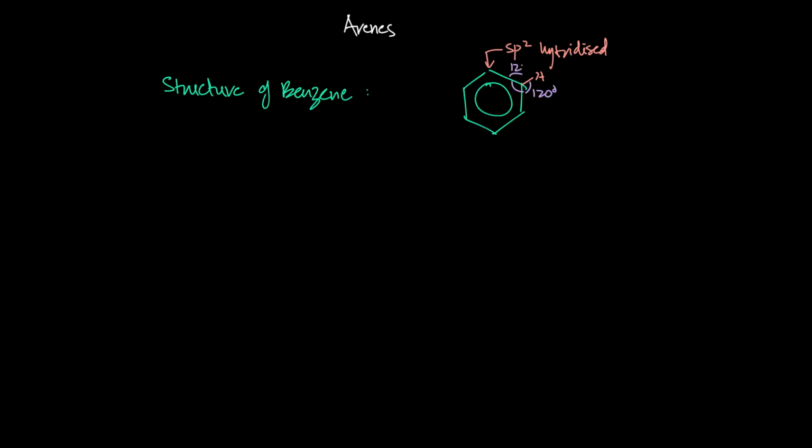Okay, in the molecule, right? So it has bond angles of 120 degrees. And what we've already seen is that because of this delocalization of electrons, all the bond lengths are the same and all the bonds are equally as strong.